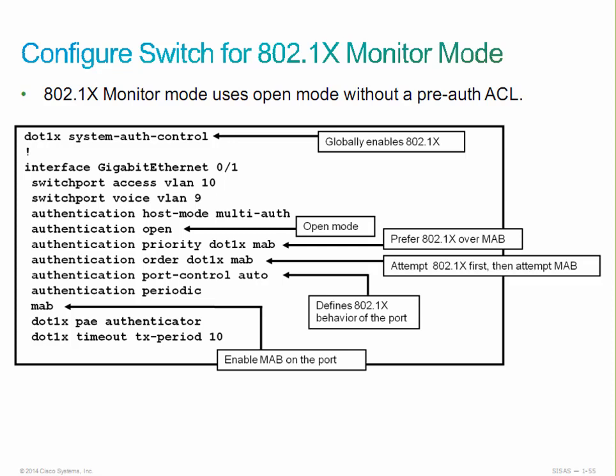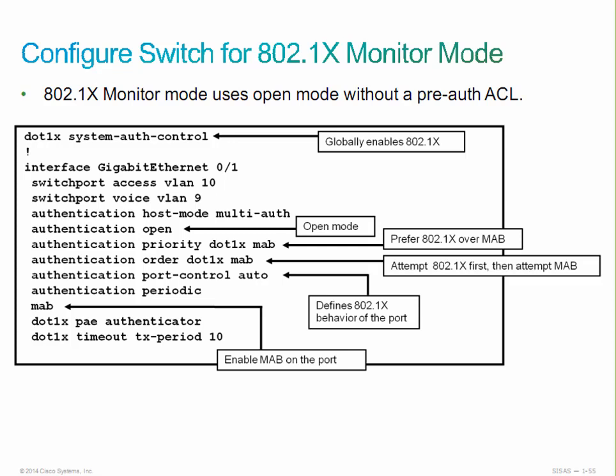If we change the default order, all endpoints, including the endpoints that actually can perform .1x authentication, are going to be subjected to MAC authentication bypass. So that's going to generate not only additional authentication traffic on the network, but it could potentially delay the authentication process as well.